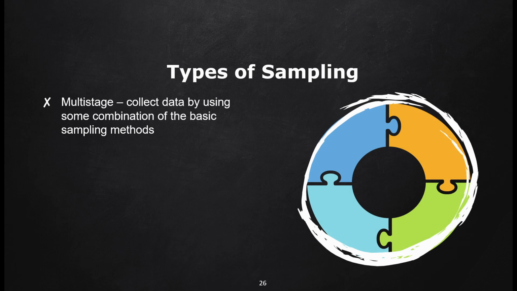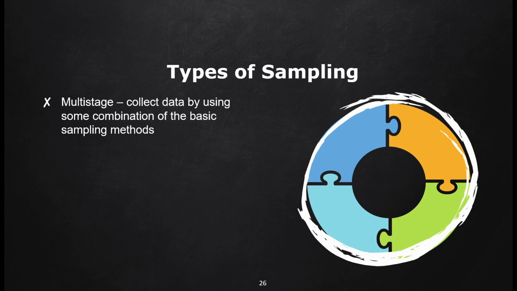Multi-stage sampling is basically a combination of two or more basic sampling methods. So you could start off with a little bit of cluster sampling, and then you've got all your subjects, and then you can do some systematic sampling or a simple random sample.